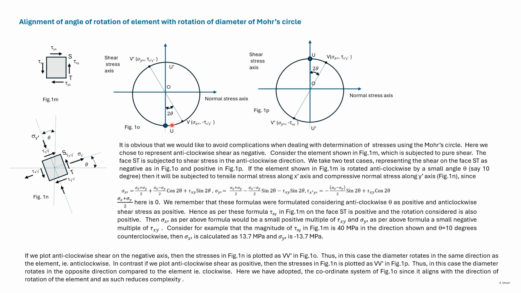To move from u to v in this diagram, we move by 2 theta in the counterclockwise direction, while to move from u to v in this diagram, we move by 2 theta in the clockwise direction.